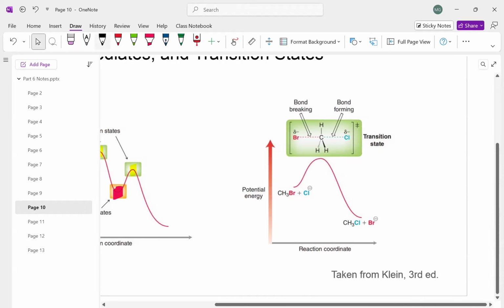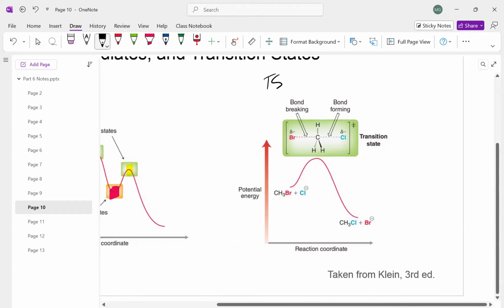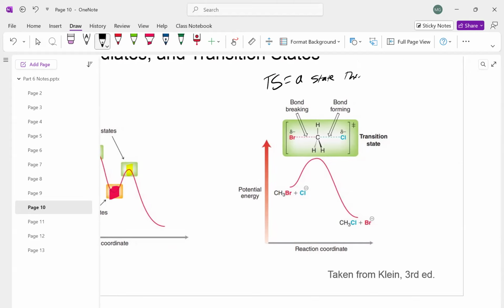A transition state is a state through which the reaction passes. These cannot be isolated. So in this reaction here, we're substituting a bromine for a chlorine.